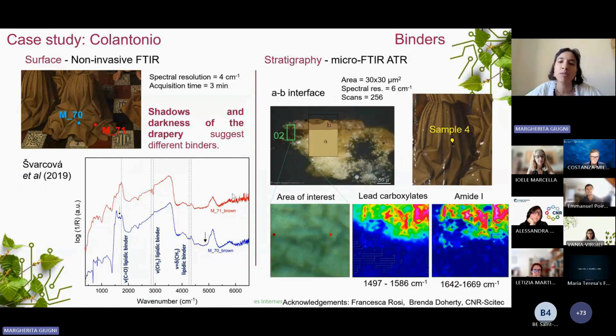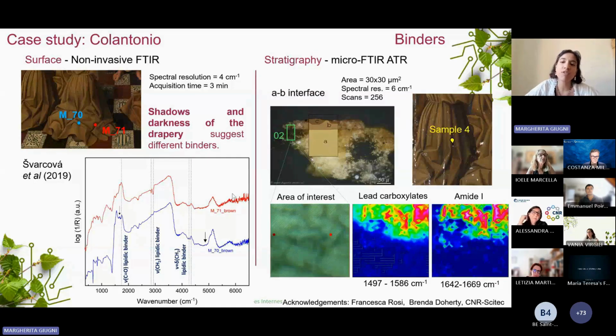So to delve a little bit more into this question, we used a combined approach involving Fourier transform infrared spectroscopy in external mode to characterize the surface of two areas of the drapery, one on a lighter part and one on a shadow, and micro FTIR in attenuated total reflection mode on a cross section taken from a lighter shade of the drapery that gave information about the inner layers.